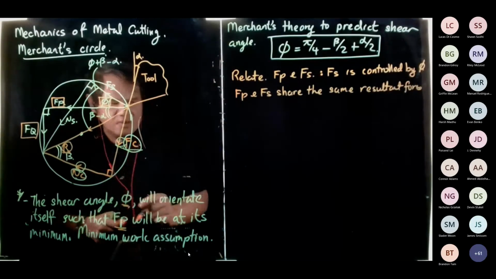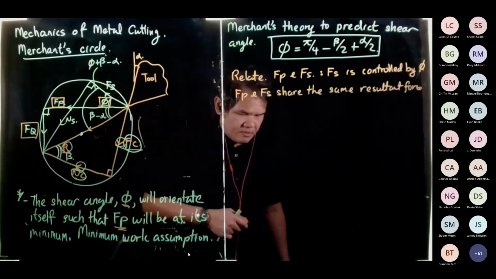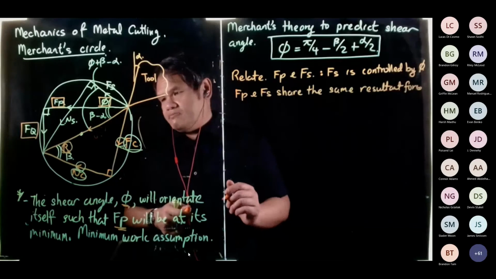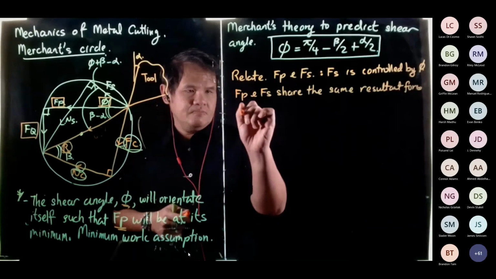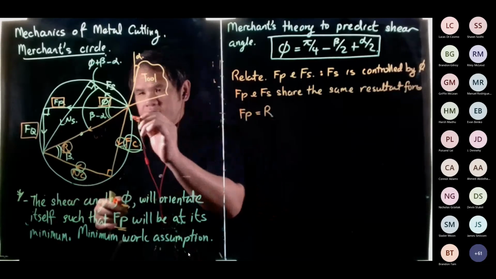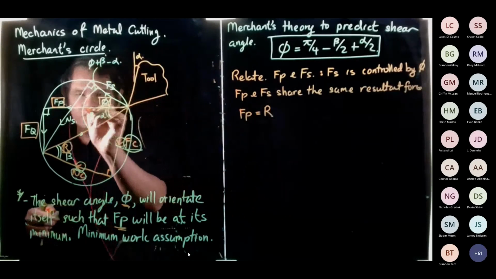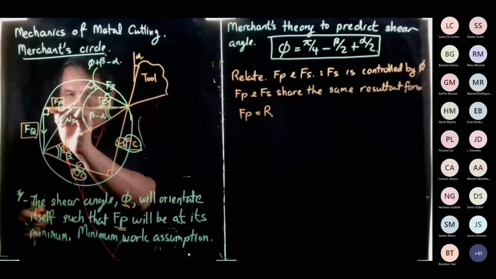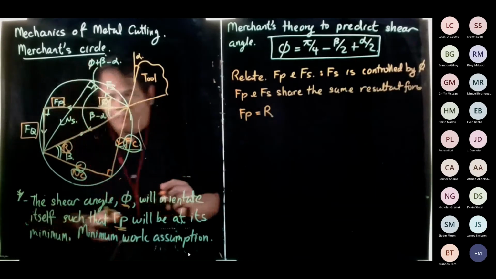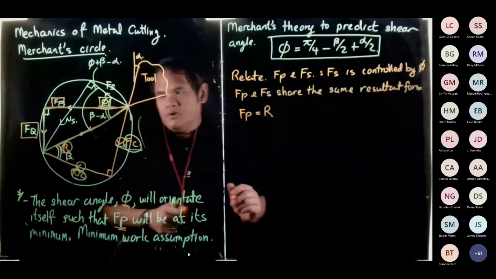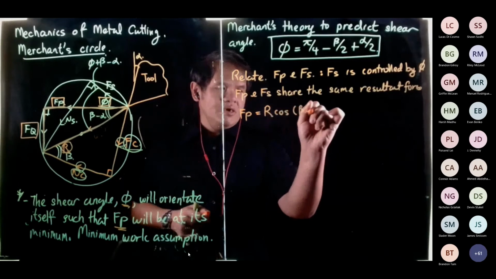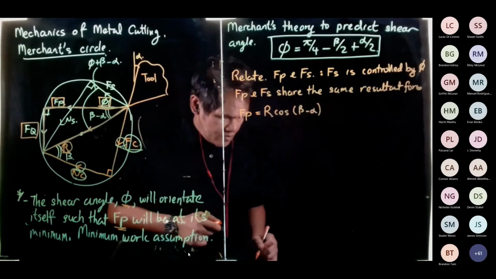Okay. So he write up an expression. Okay. So if you look at here, so Fp is equal to R. So this is this triangle I'm focusing on now. Okay, this triangle down here. Okay. So Fp is equal to R cosine beta minus alpha. Okay.